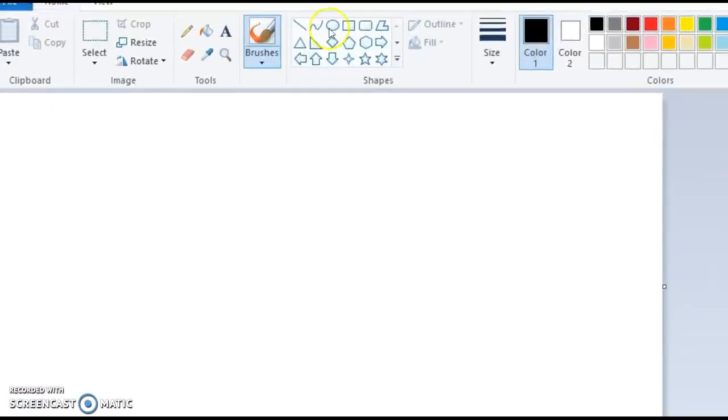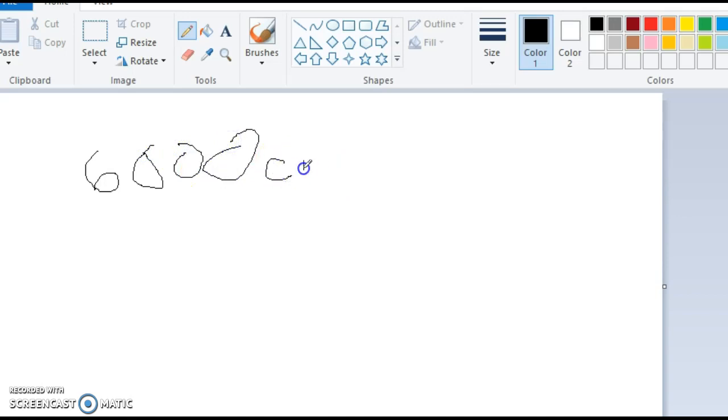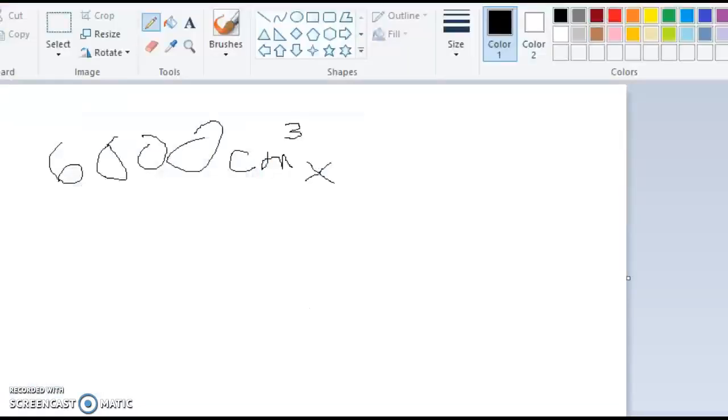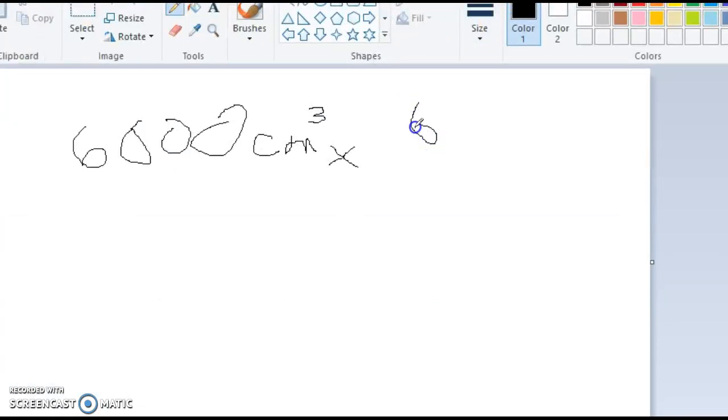So if I go over here to this whiteboard and I have 6,000 centimeters cubed, and I'm multiplying that by 6 grams per centimeters cubed.